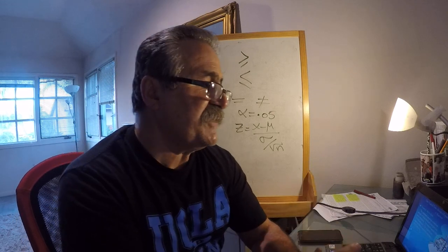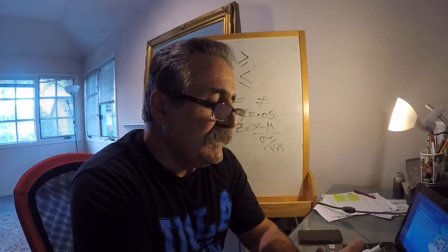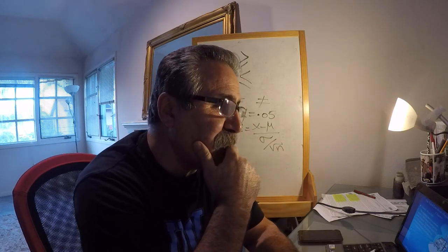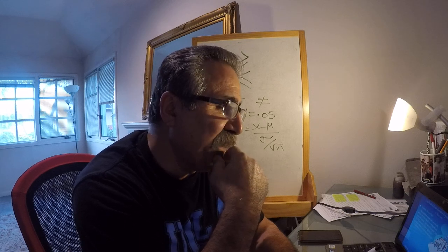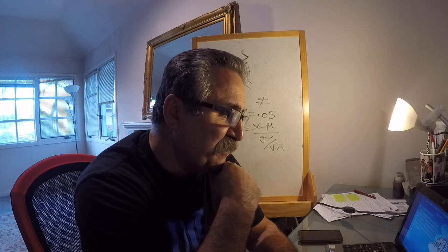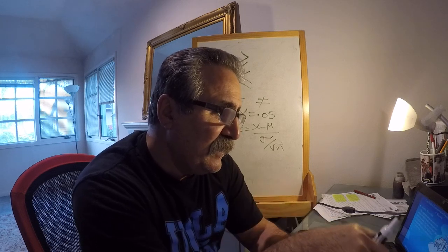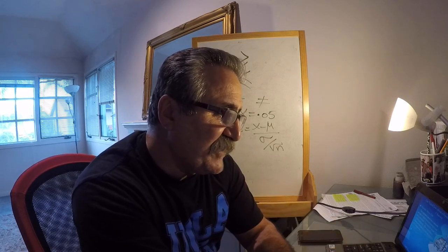The Metro EMS example, slide number 23. The response time for a random sample of 40 medical emergencies were tabulated. The sample mean, that is your X bar, is 13.25 minutes. The population standard deviation is believed to be 3.2 minutes.